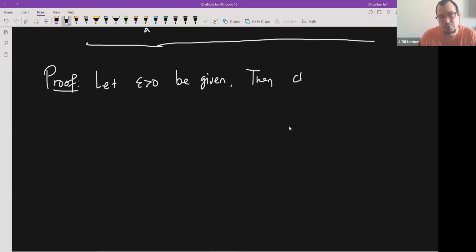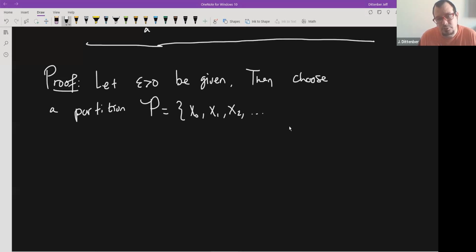Then we're going to choose some partition P that looks like this: x sub 0 or x naught, x1, x2, up to x sub n, on a to b, where x naught is a and x sub n is b.